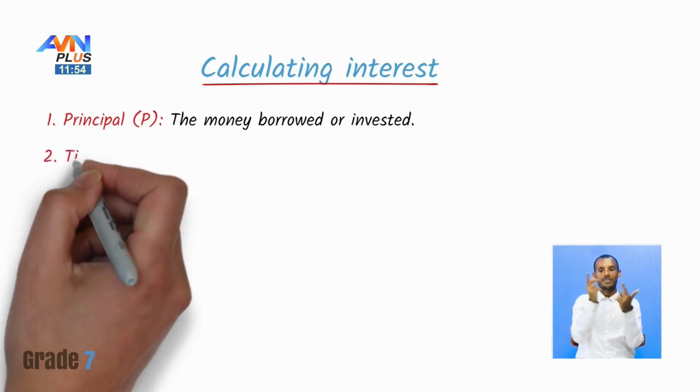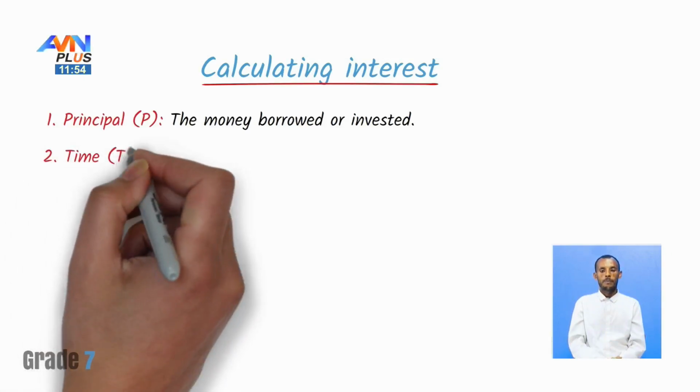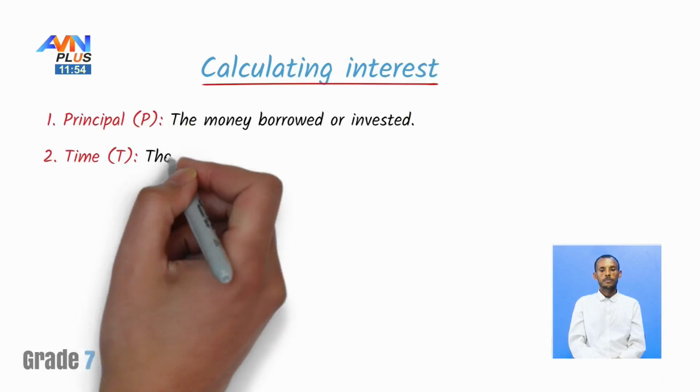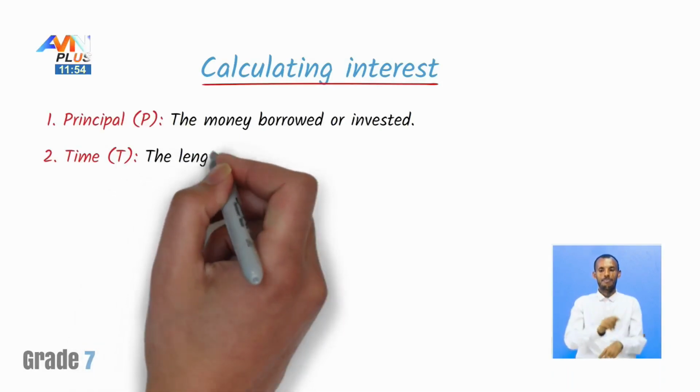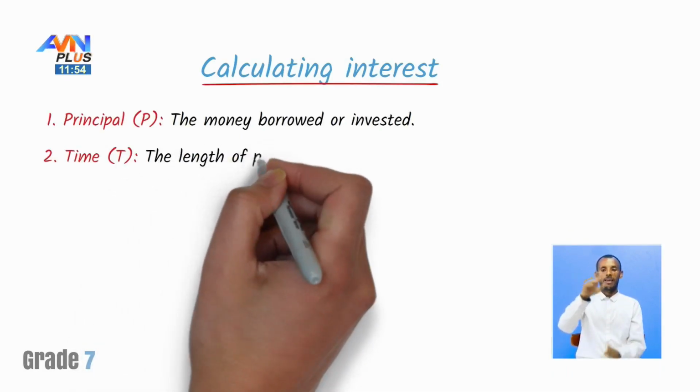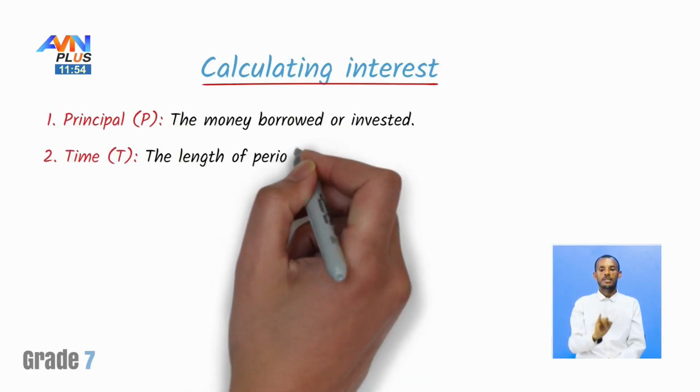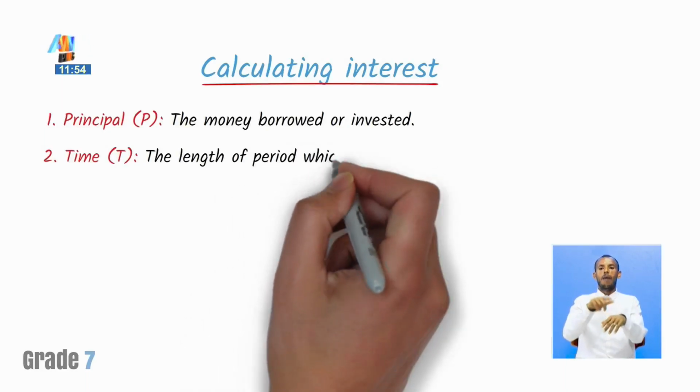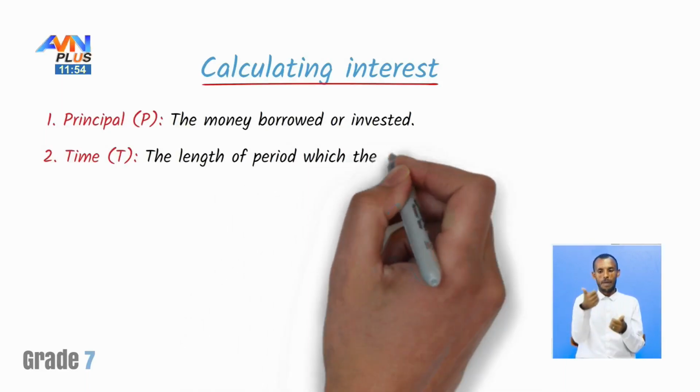Second one, time. We use the symbol T. It is the length of time in which the money is borrowed or invested.